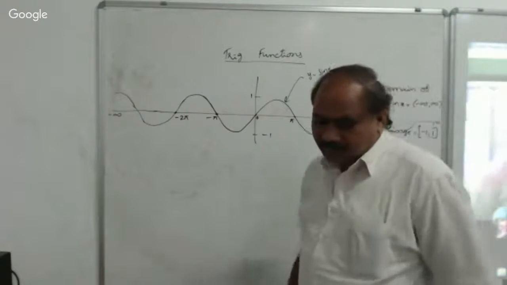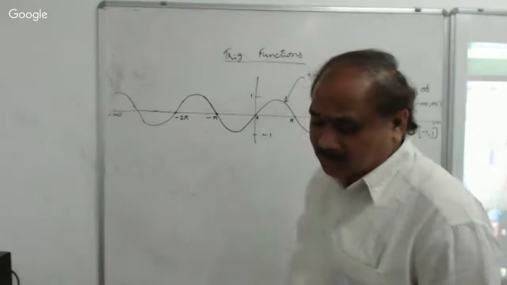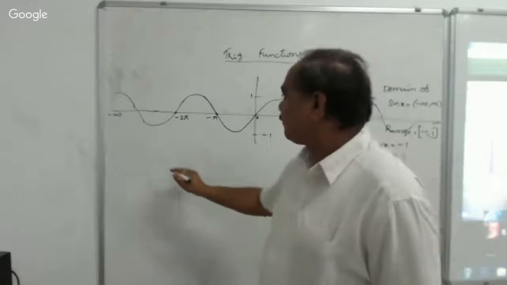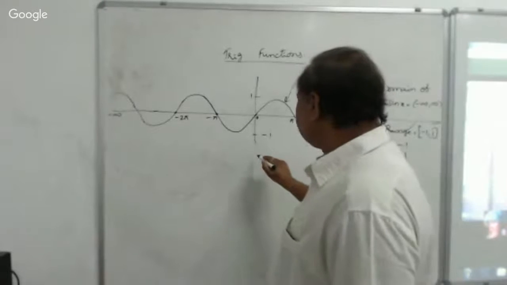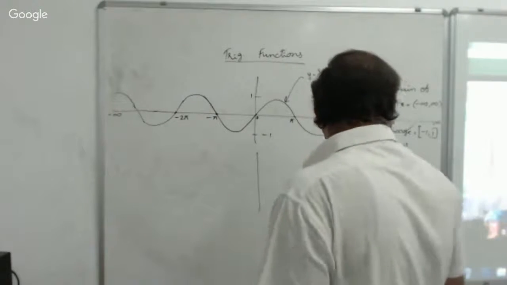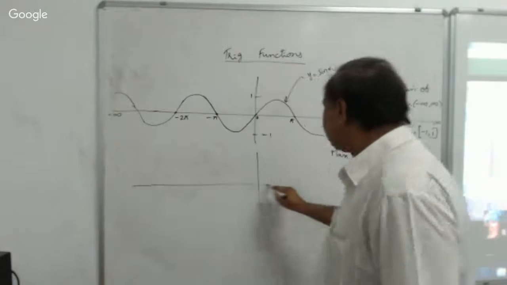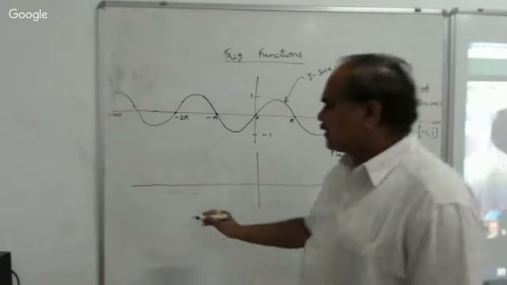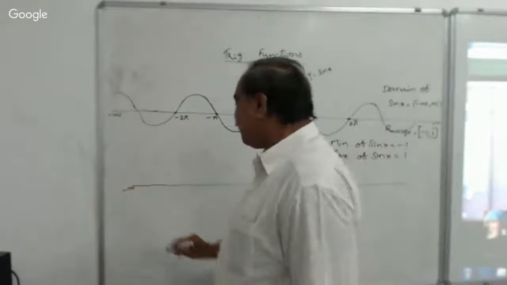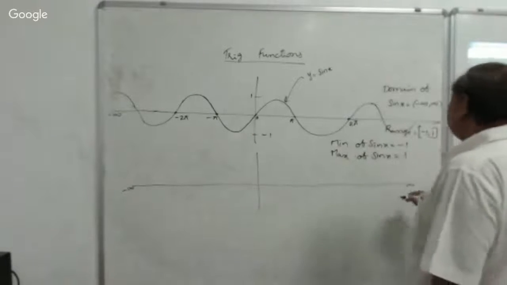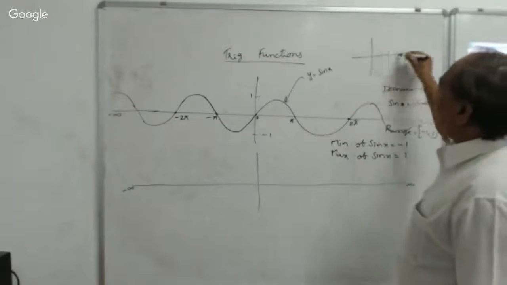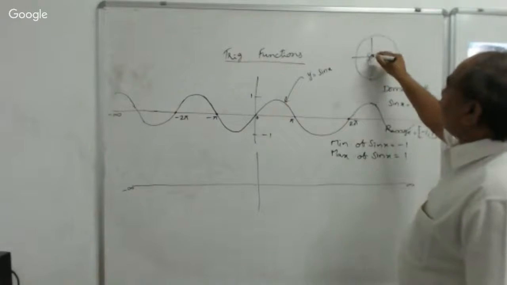Now based on this concept, similarly cos is also the same. The graph of cos x also exists from minus infinity to plus infinity. Yesterday, in the last class, I already gave you the sine graph.